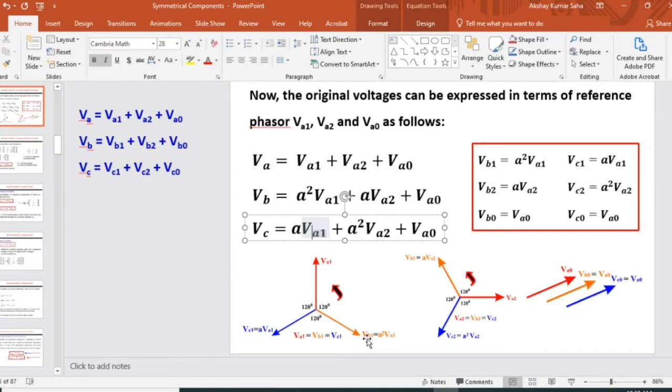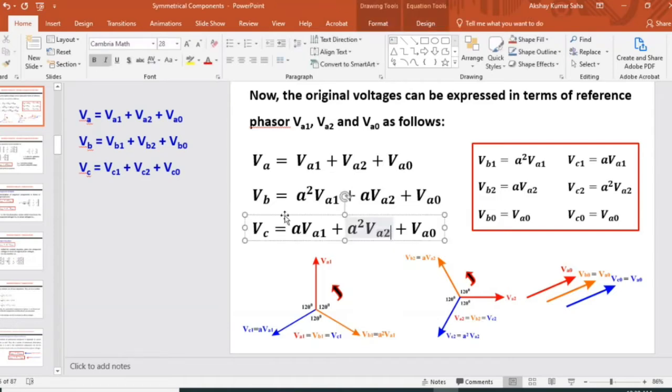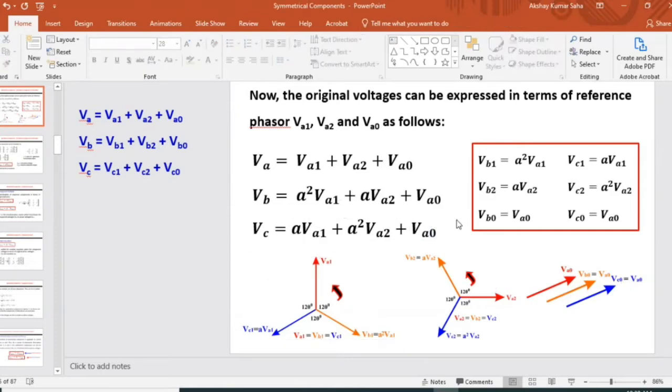VC2 is from negative sequence, where it's A squared VA2 because it's 240 degrees from VA2. And then VC0 will equal VA0 because it's zero sequence, no phase angle difference. So we have this equation now.